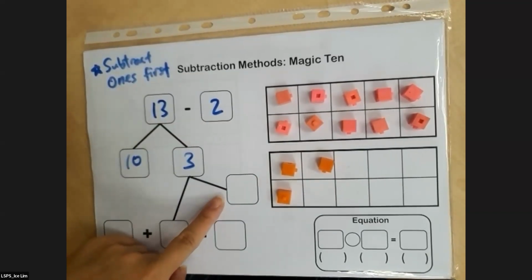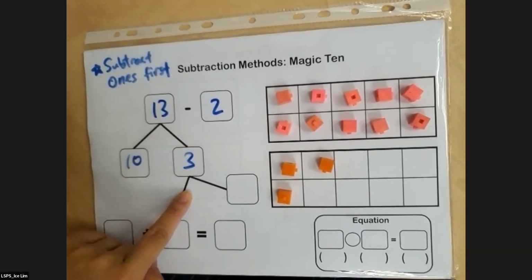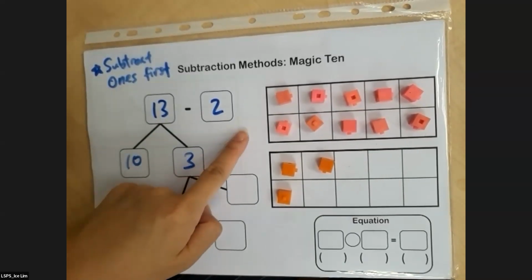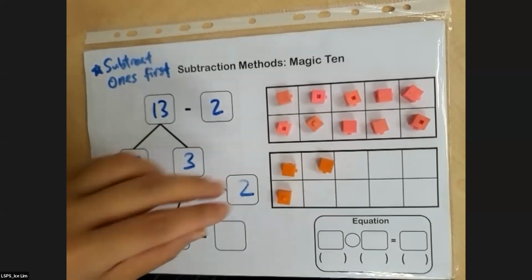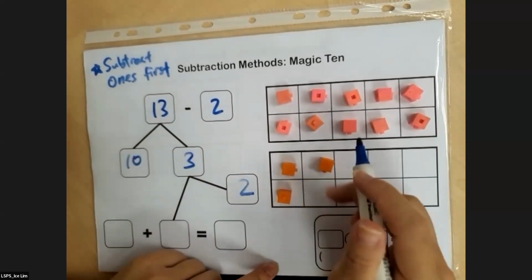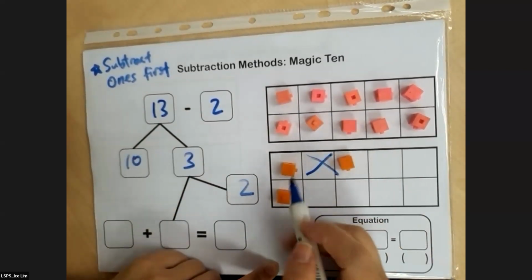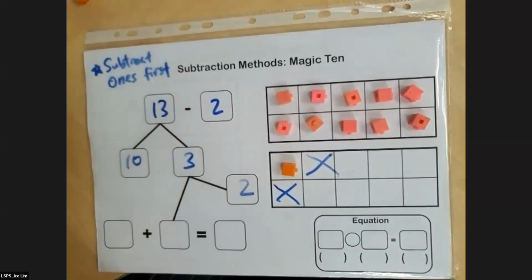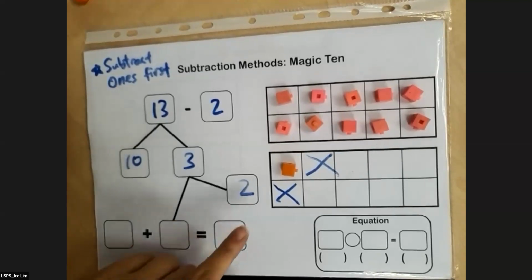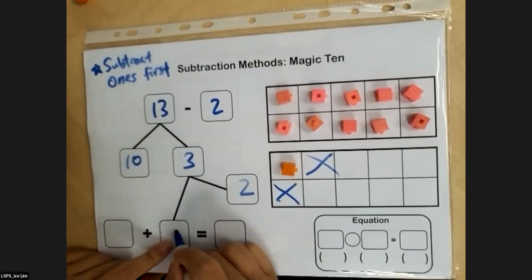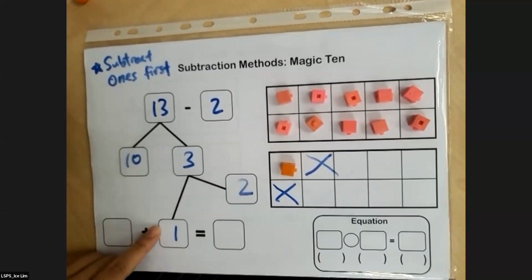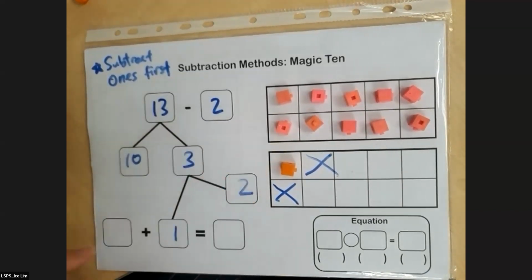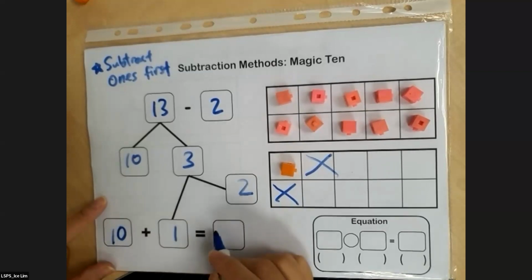Right? Because 13 is 10 and 3. Then I can subtract the ones first. Right? So I take away the 1, this one. Then I will be left with 1, 1 here. So I put back the tens now. I get 10 plus 1 equals 11.